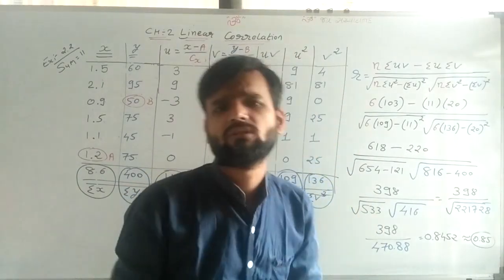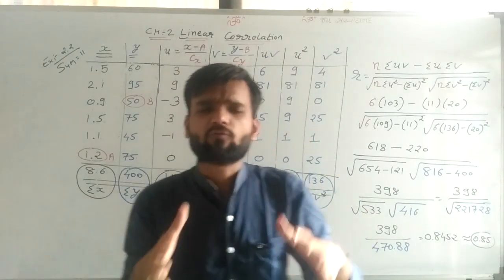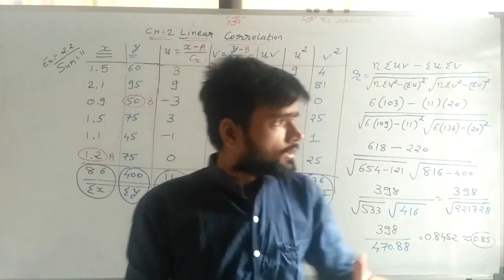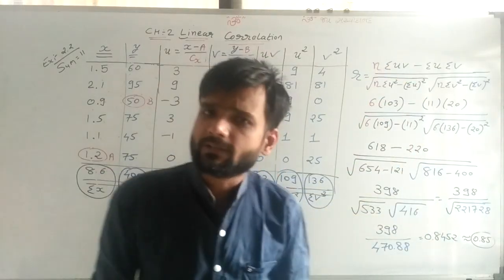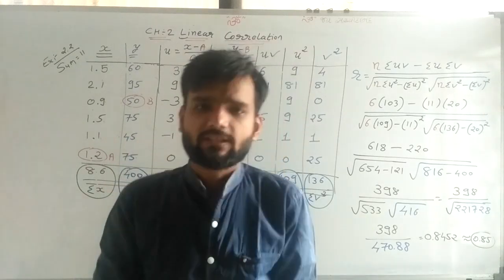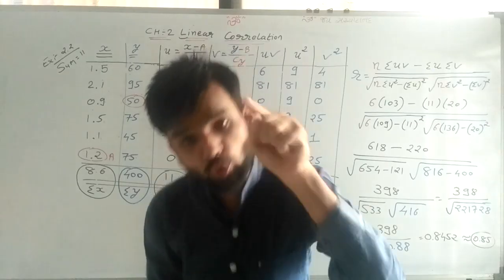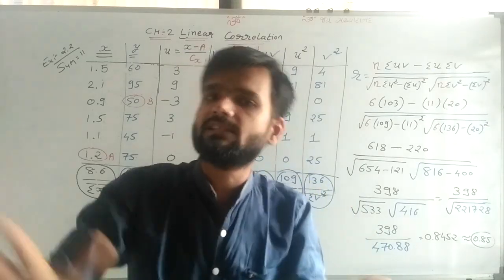But now today, what are we going to do? Today's lecture is about Karl Pearson's 3 formulas: which formula you should use in which situation, so that calculation becomes easy.